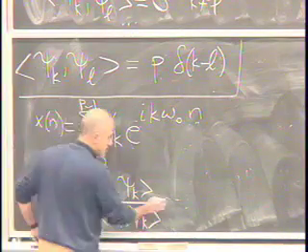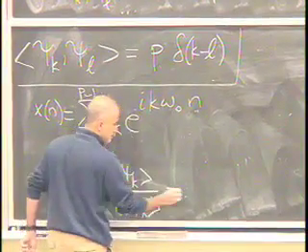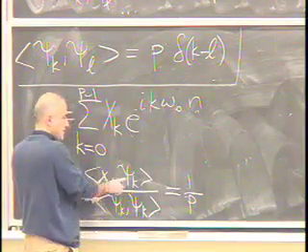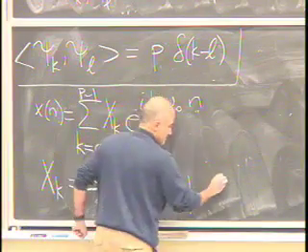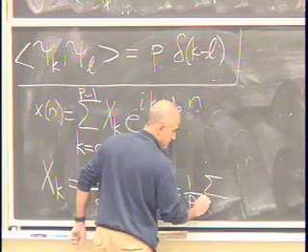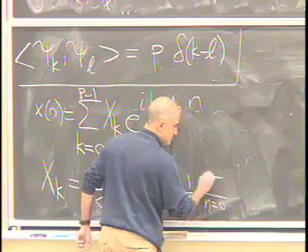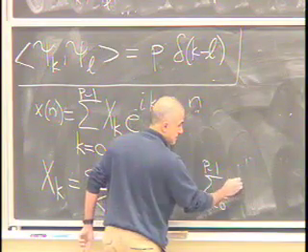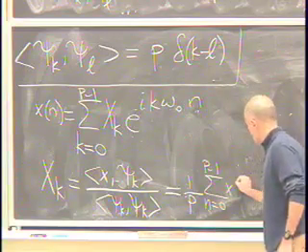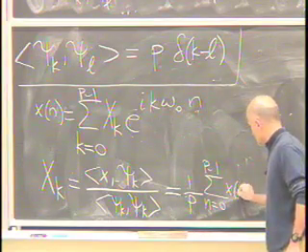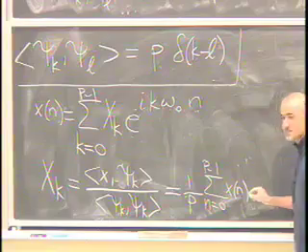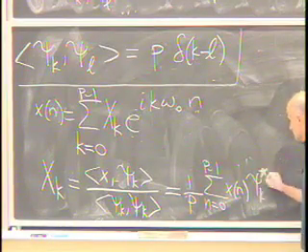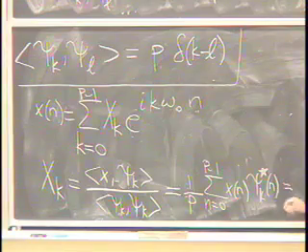And ck is what? P. So you have a 1 over P. And x inner product with ck is what? Summation n equals 0, P minus 1, xn ck star. Right? That's the inner product.